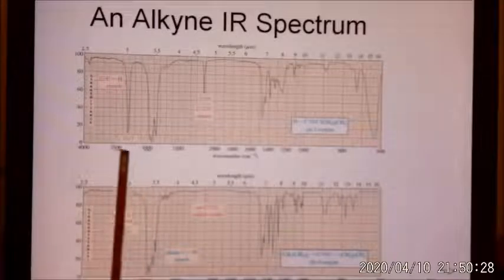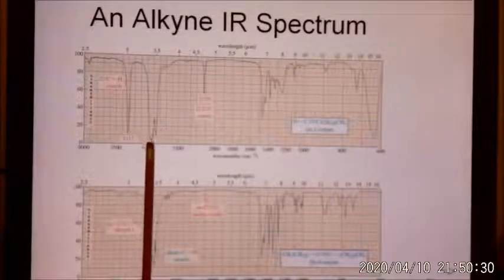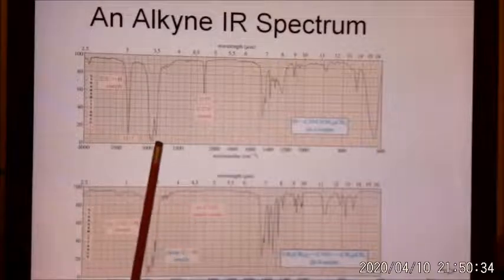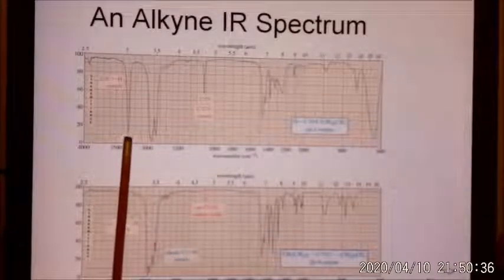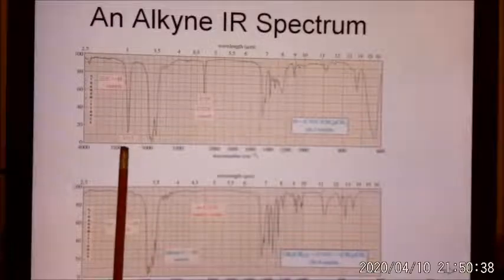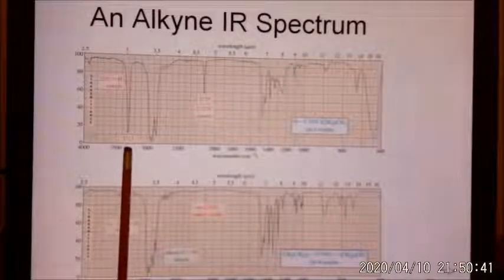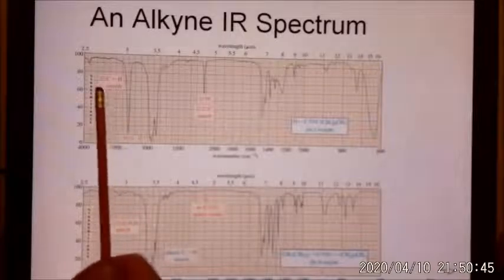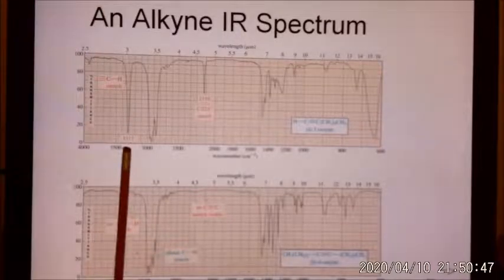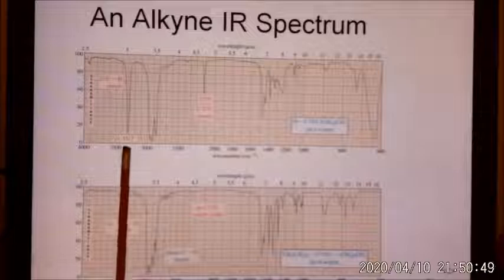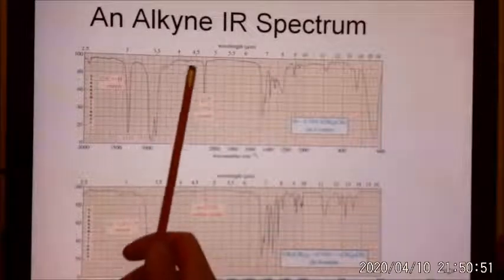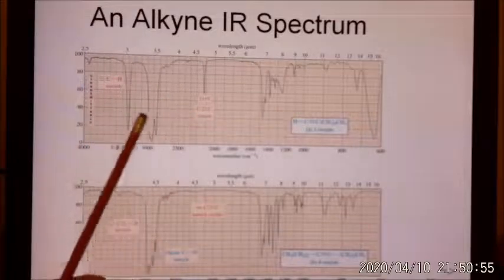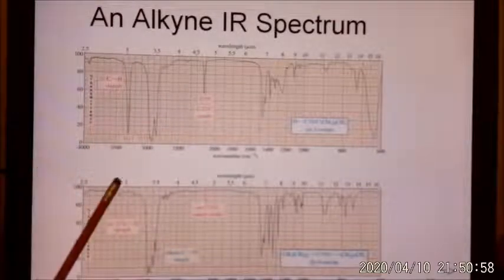Okay? So in this one, I have all these sp3 CH stretches. Okay, so I have a bunch of alkyl groups. But look at the 3300. Isn't that gorgeous? This 3313 peak is an sp carbon-hydrogen stretch right there. So if I think I have a terminal alkyne, then I should be able to see just below 2200, at 2119, my carbon triple bond carbon stretch.